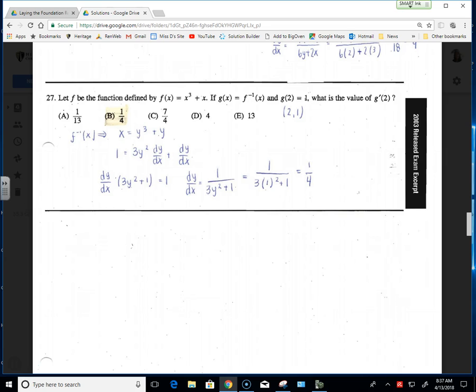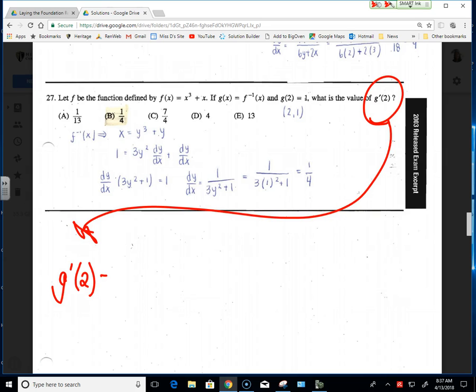Ooh, yes. Inverse derivatives. Thank you, Sean. We have a formula for, I'm going quick because you guys were already able to look at the problem and look at the answer key. G prime of 2 is, who is G? F inverse. Is F inverse prime of 2.